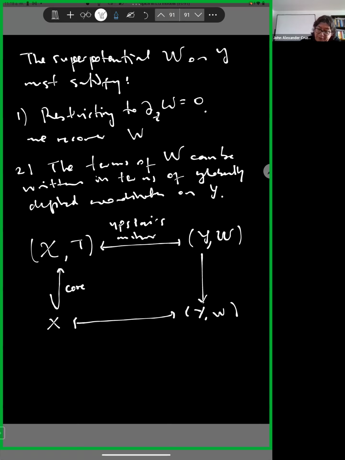And the relationship between the two potentials is that you have this restriction. If you take some coordinates here, they produce W.